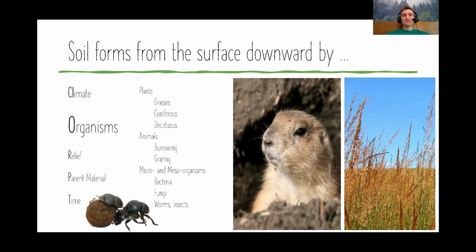And we also have animals that graze and browse and eat plants, and then deposit the byproduct somewhere else. Finally, the microorganisms and invertebrates include bacteria, fungi, and all sorts of things that you can and cannot see down in the soil. They all participate in one form or another in the formation, movement, accumulation, and transportation of soil.